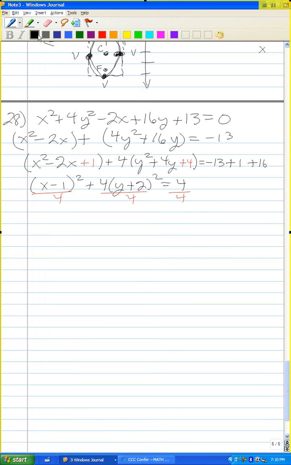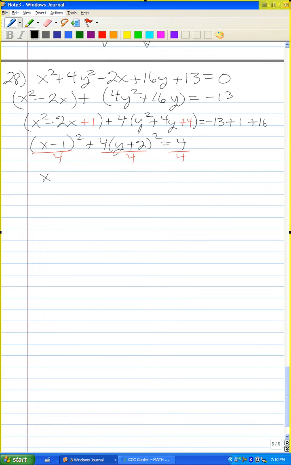And so I have here x minus 1 squared plus y plus 2 squared is equal to 1. Okay, so that's the equation of my ellipse.